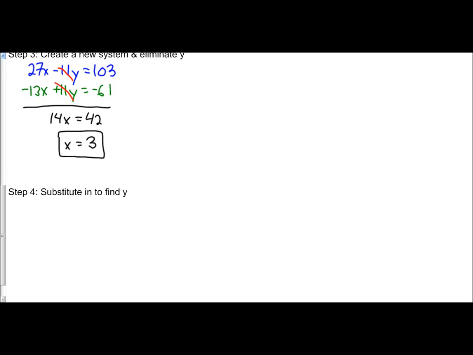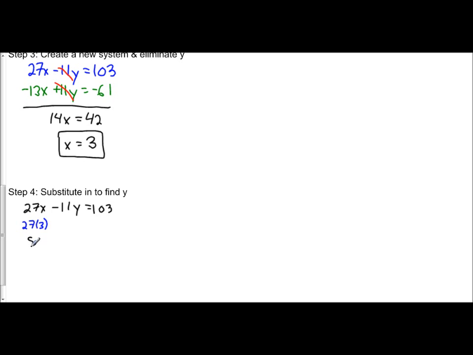Now it doesn't matter which one you use. I'm going to go ahead and use my 27x one. So I have 27x minus 11y equals 103. And I told you that x was 3, so you're going to have 27 times 3, which is going to be 81.